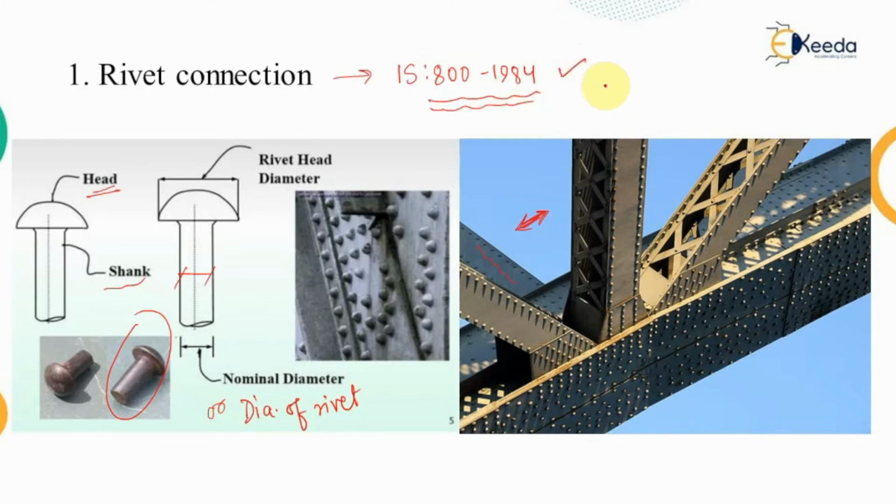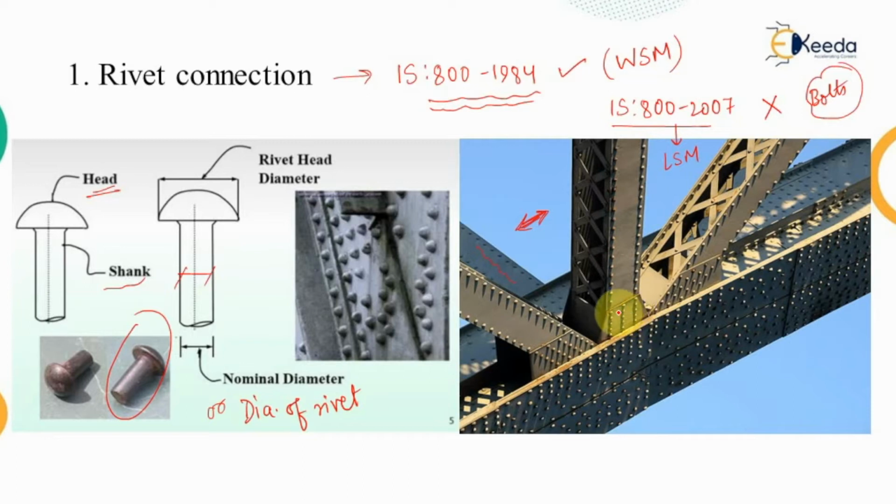But the latest code, revised in 2007, does not deal with the rivet connection because it was based upon the working stress method, while the IS 800 2007 code deals with the limit state method. And that's why this rivet connection is now obsolete and it has been replaced by the bolts.